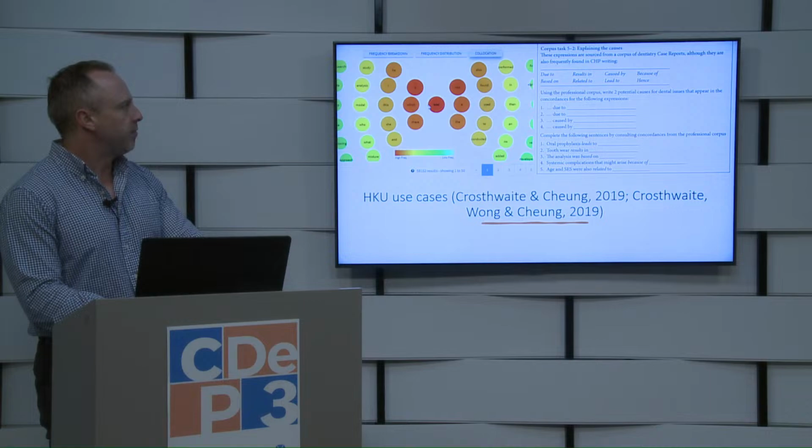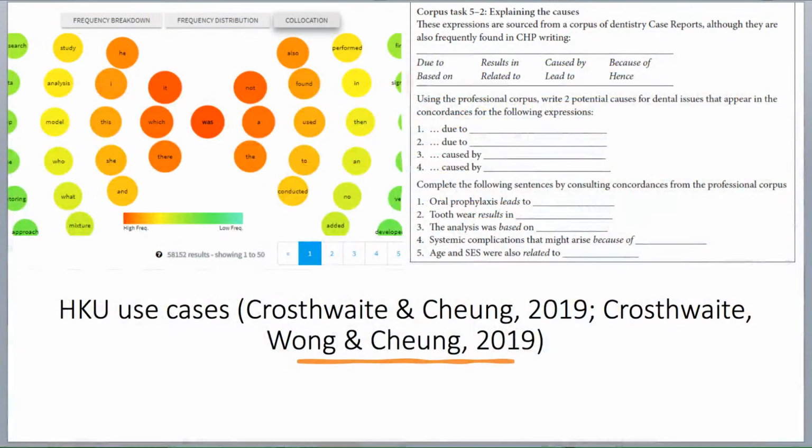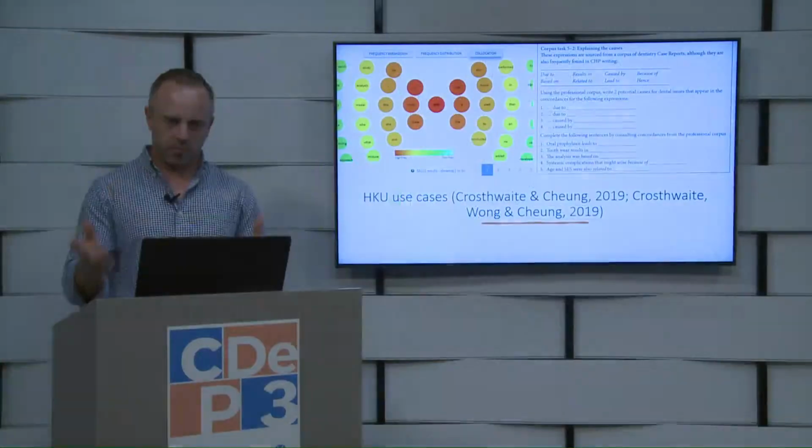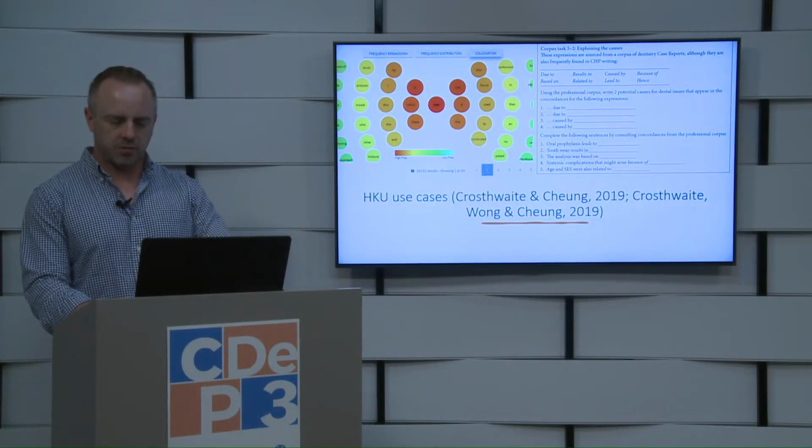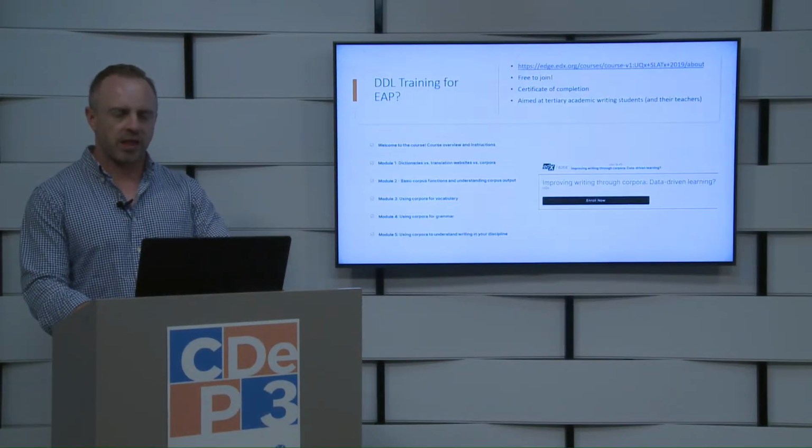Also here, we've got information as to which words come before was, organized by their frequency in the corpus, and which words come afterwards, again organized by their frequency. And these are some of the corpus-based teaching materials that we produced to help those students. Again, all of this was taken from a professional corpus of dentistry research reports we compiled, and then we made teaching materials from those.